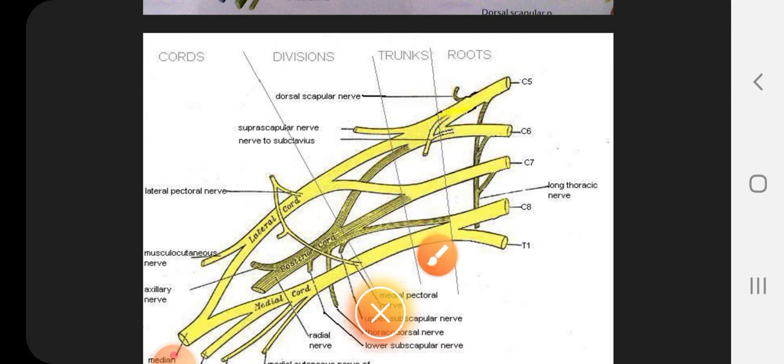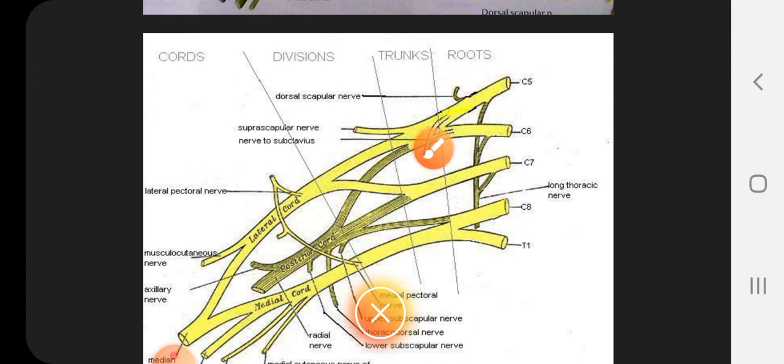Now we'll see the branches from the trunk of the brachial plexus. We got 2 branches. Number 1, the suprascapular nerve, which supplies supraspinatus and infraspinatus. And number 2, the nerve to subclavius, which supplies the subclavius muscle.